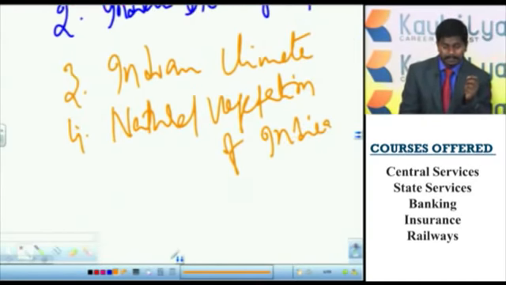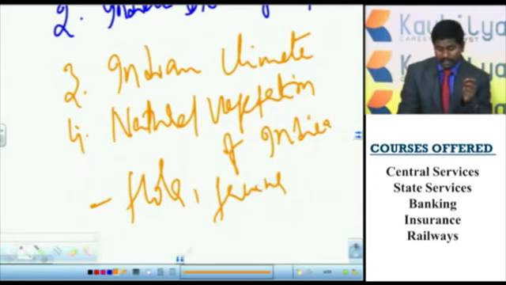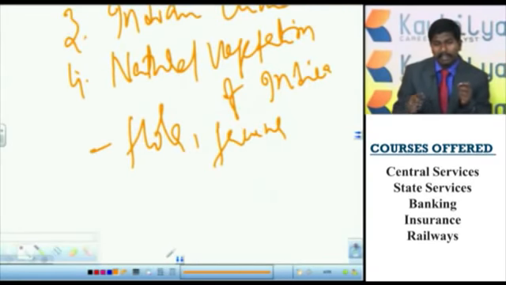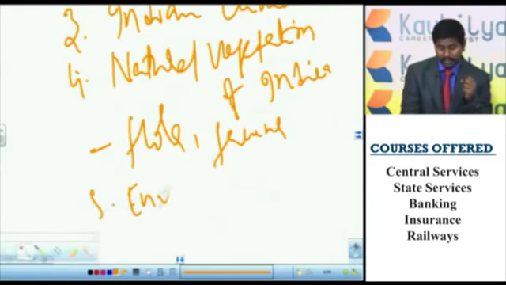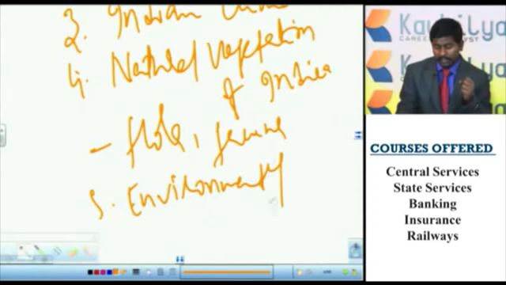Then later we will go to the different types of flora and fauna in India, and the importance of this flora and fauna, the different types of flora and fauna in the Indian landmass or Indian forests. Here basically we will discuss Indian environmental geography and its features, where we will discuss the steps taken by the government of India or the respective state governments to protect the flora and fauna in their states.